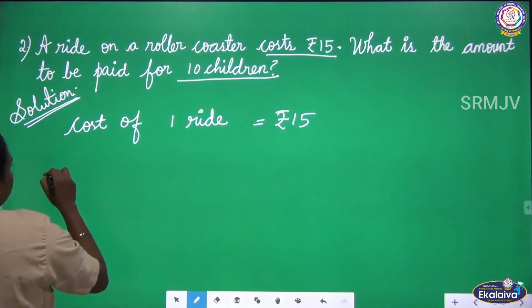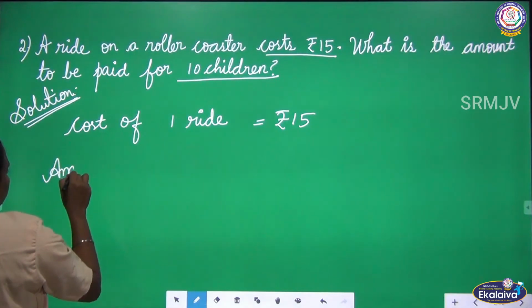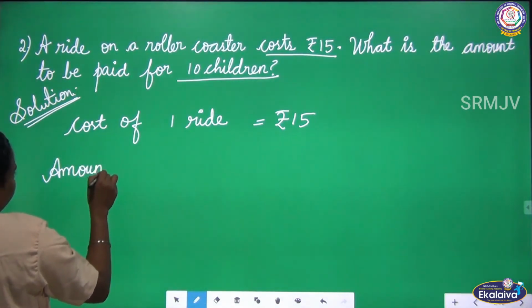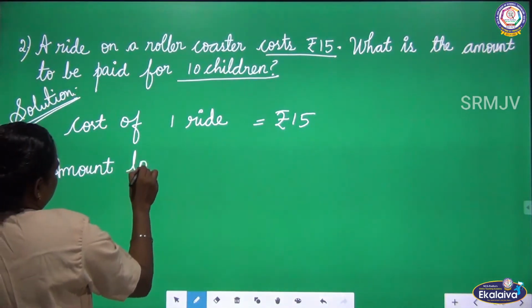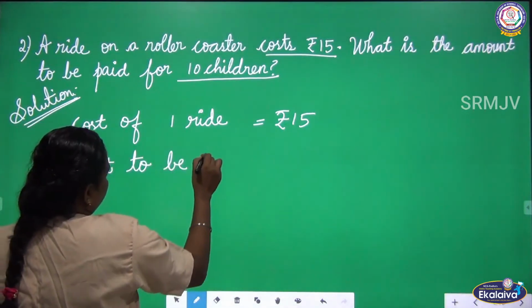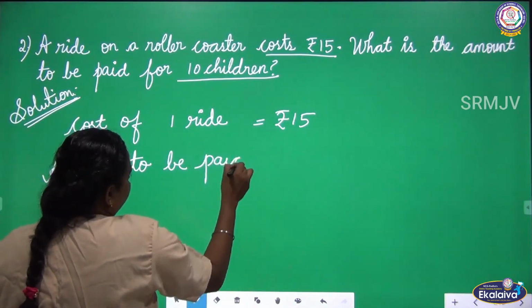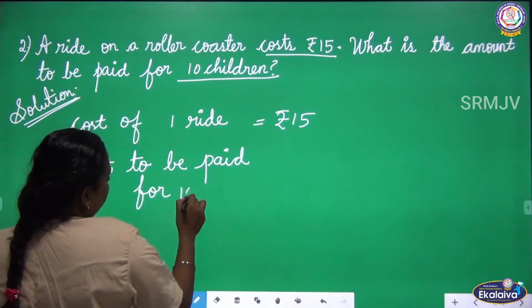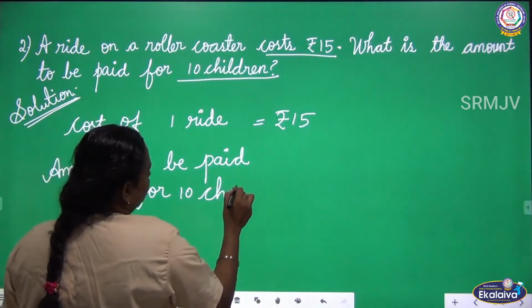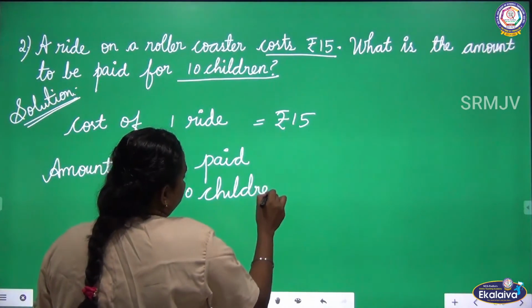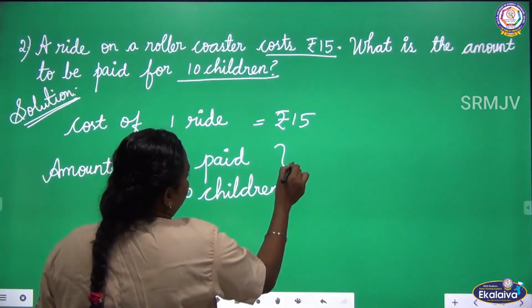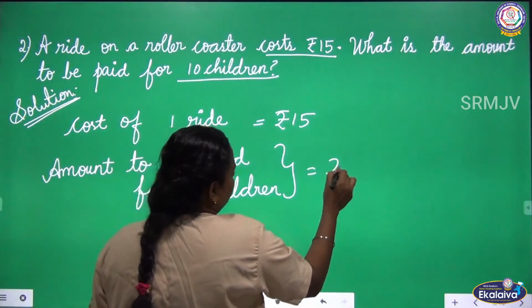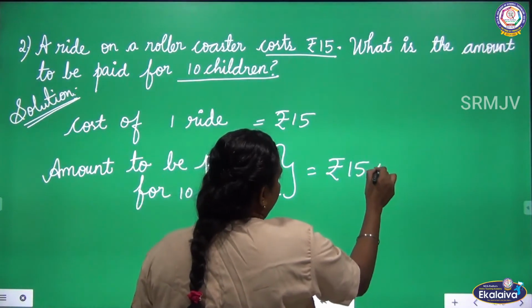So amount to be paid for 10 children equal to, what we are going to do? We are going to multiply by 10. So rupees 15 multiplied by 10.